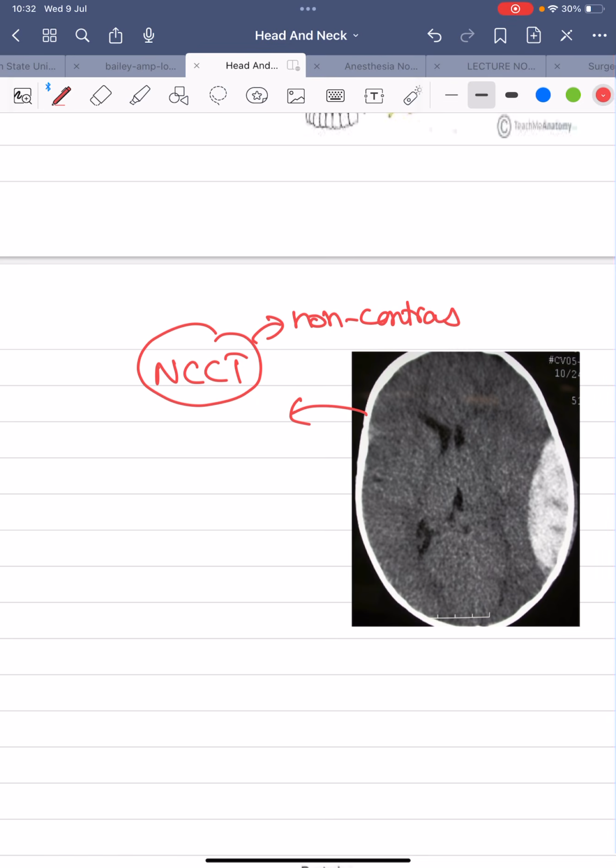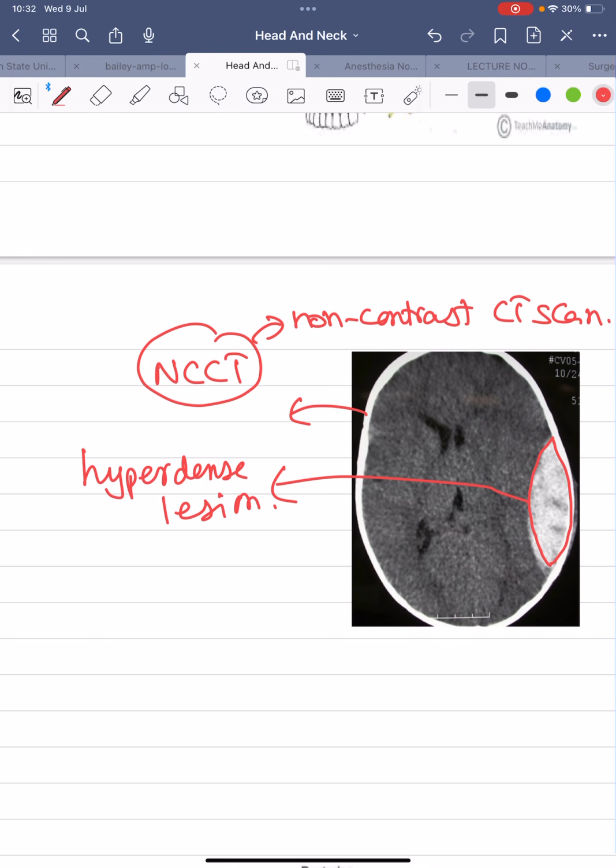And on the CT scan, you are going to find this hyperdense lesion. Hyperdense lesion. Now see the shape of the hyperdense lesion. It is biconvex or lens shaped.